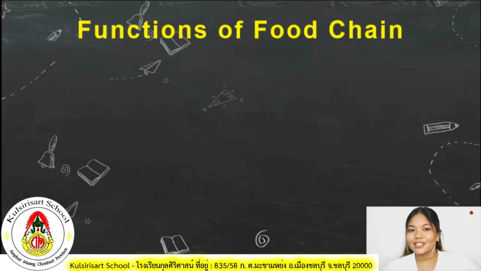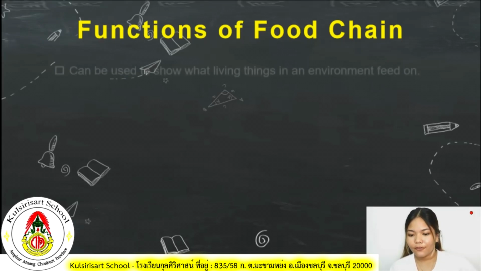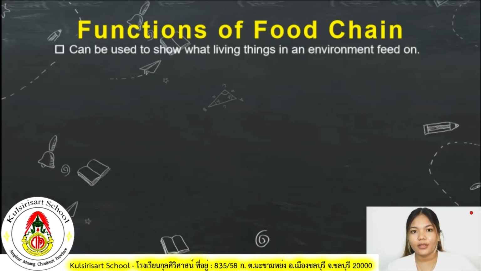Now, let us discuss the different functions of a food chain. So, the food chain has 3 main functions and they are as follows. The first one, a food chain can be used to show what living things in an environment feed on, which we already discussed a while ago. We said that a food chain is basically the relationship of the different organisms in an environment based on what they eat.